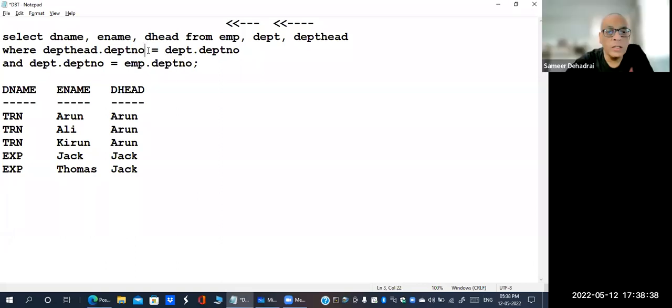You will put the plus sign here. To ensure that marketing will come in the output with a null D name, with a null E name and a null D head also.